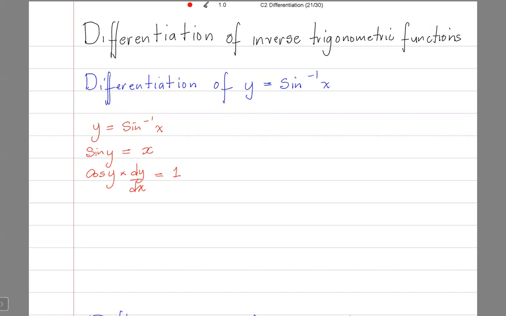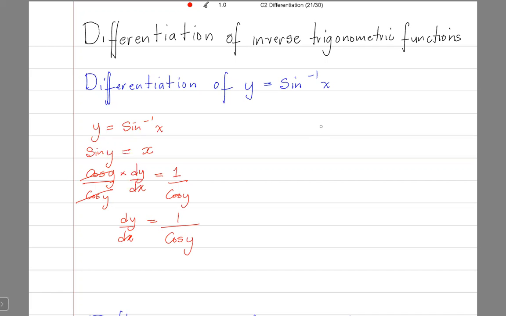If I divide both sides by the cosine of y, I'm going to get dy by dx is equal to 1 over cosine y.